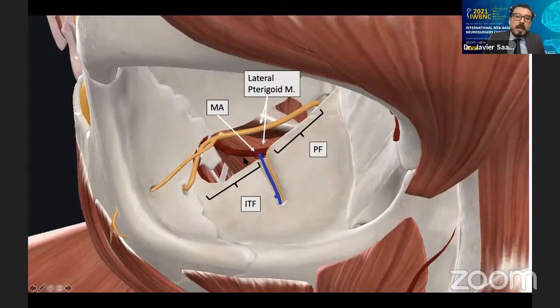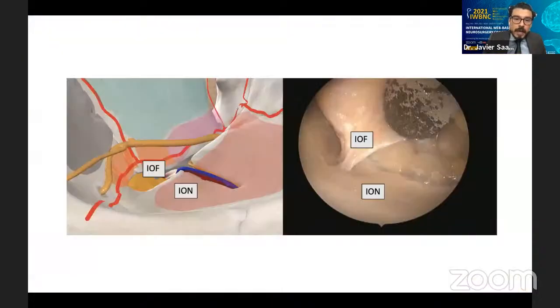But if you drill in the posteromedial compartment, you will get access to the pterygopalatine fossa and its contents, including the lateral pterygoid muscle. Again, this is the anatomic view of the inferior orbital fissure, and this structure that's perpendicular to it is the infraorbital nerve. Anterior to it is the infratemporal fossa, and posterior to it is the pterygopalatine fossa.